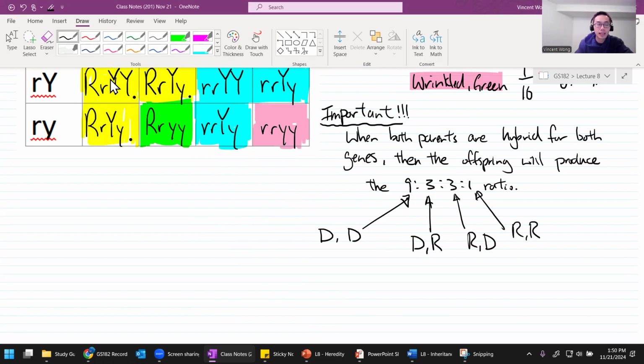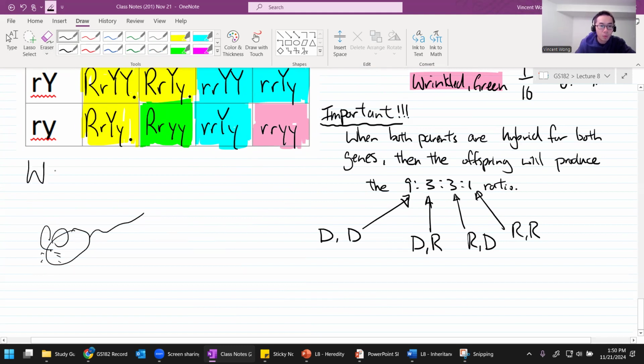So let's do a question. Let's say it's our mouse again. So we have the mouse again. Let's say white is dominant over gray, right?